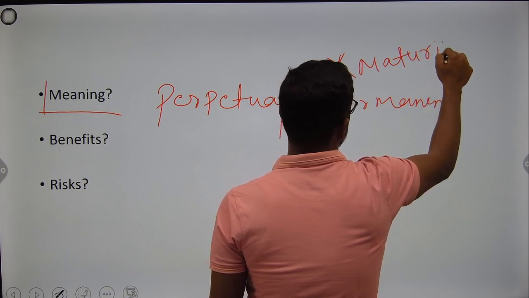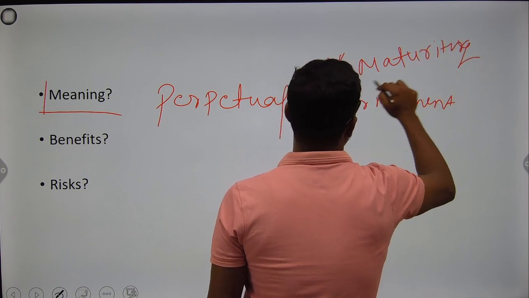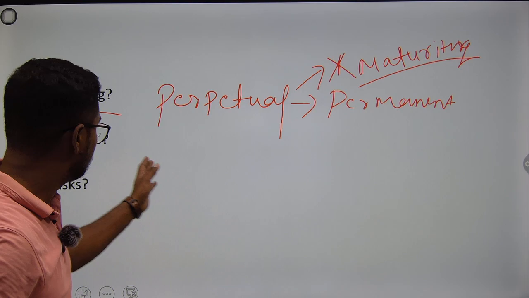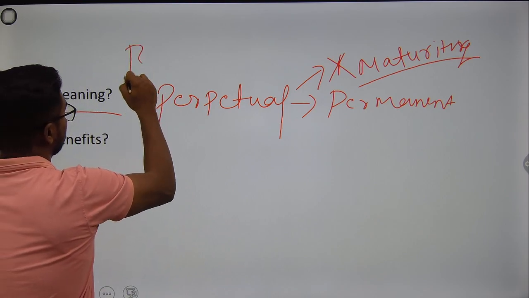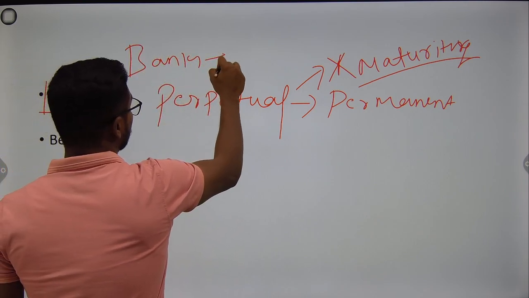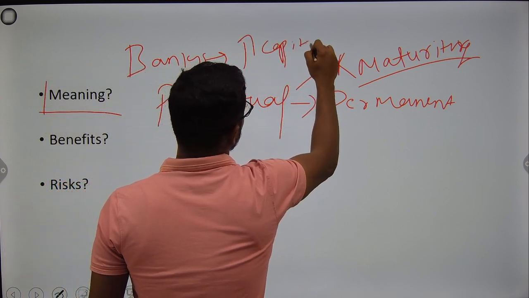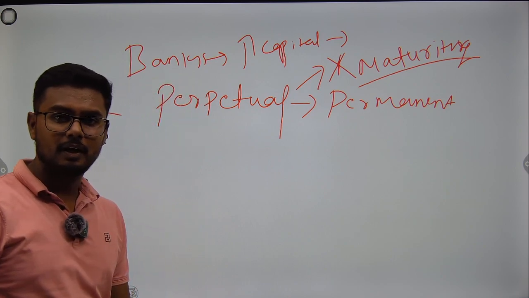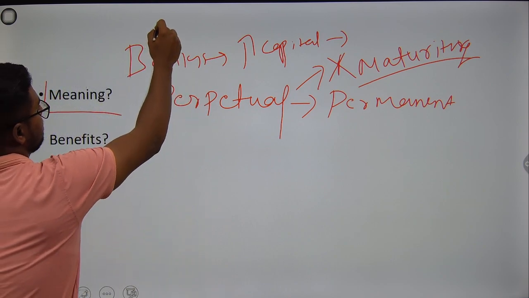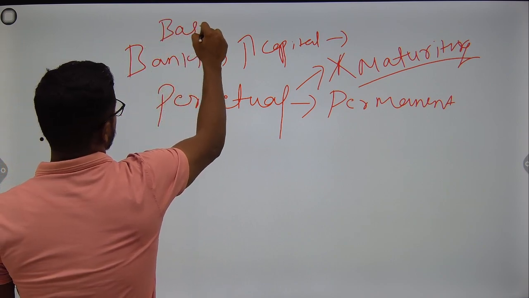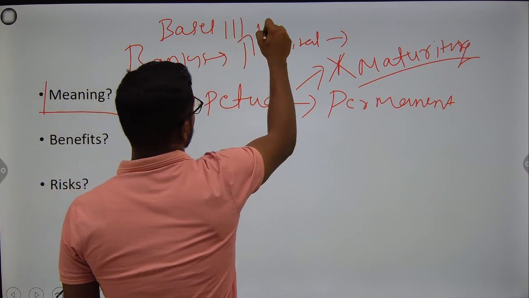That is why they are called perpetual bonds. These bonds are usually issued by the national level banks to raise capital. Why? To meet the additional capital requirements set up by Basel III norms.